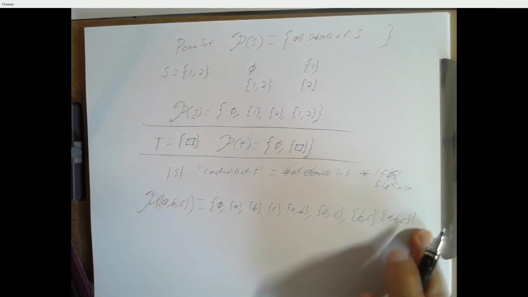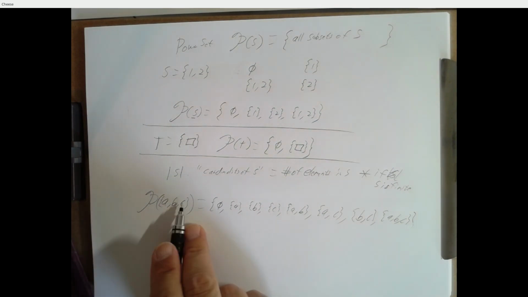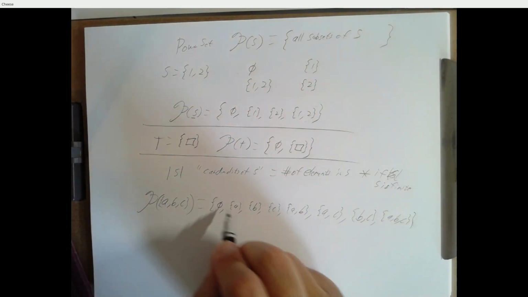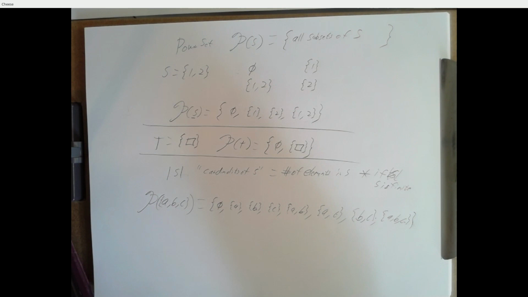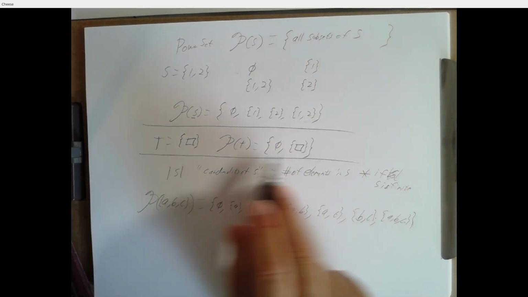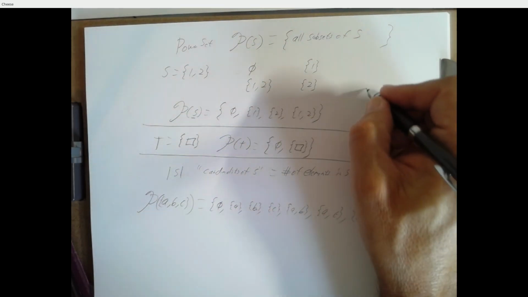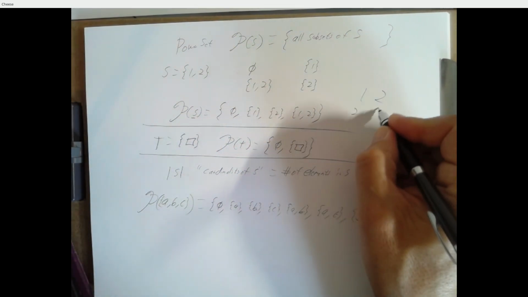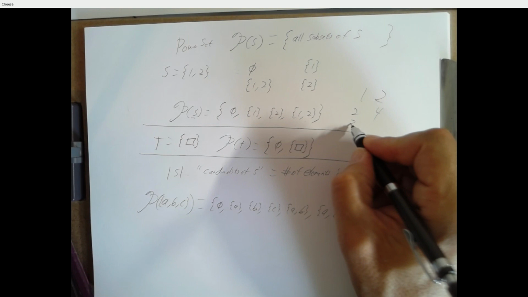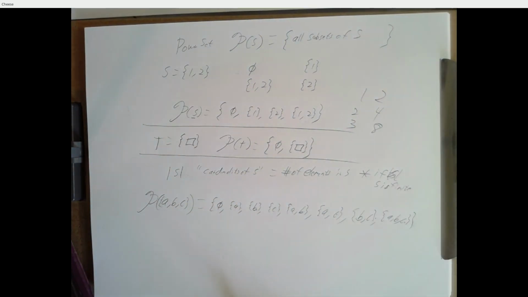And I claim those are the only possible subsets of this set A, B, C. And there's 1, 2, 3, 4, 5, 6, 7, 8. So one element, power set has 2. 2 elements, power set has 4. 3 elements, power set has 8.